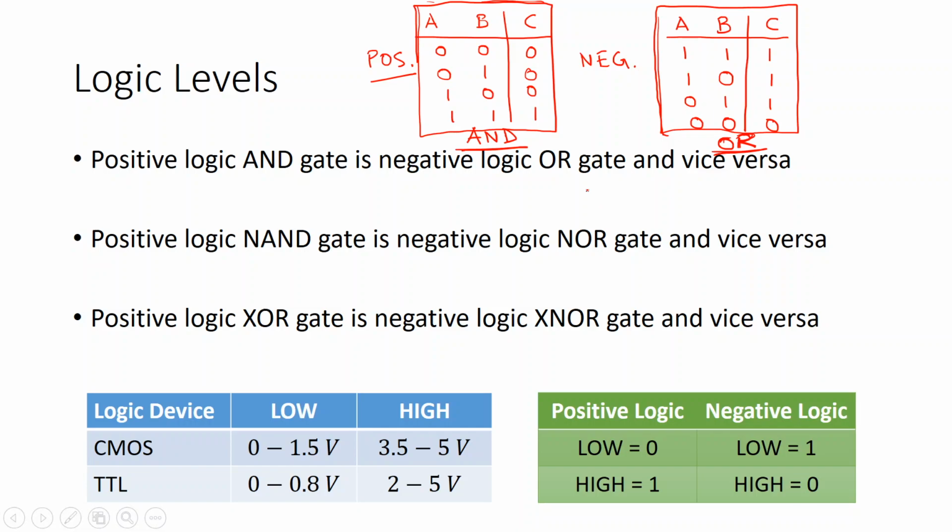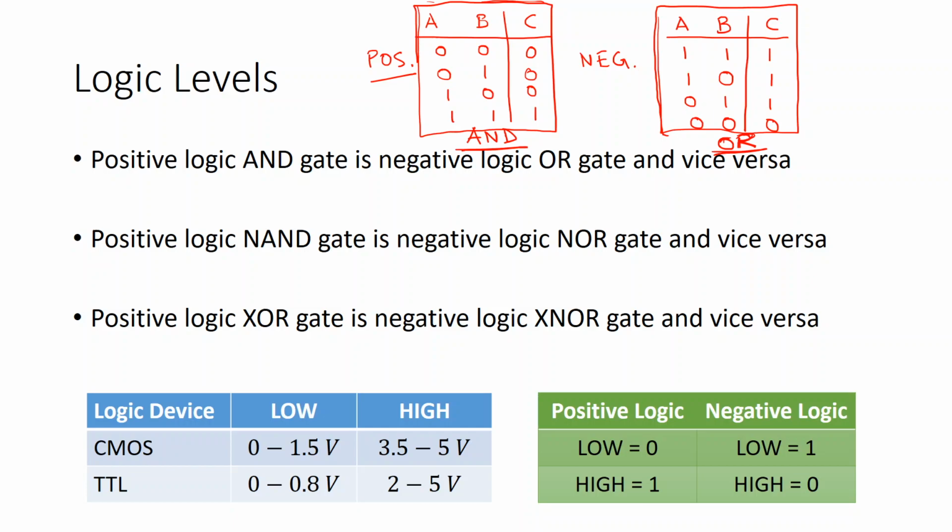The actual operation of the analog devices, the electronic components, the actual levels of the voltages will all remain the same. But since your logic system has changed from positive to negative, you will interpret it differently.